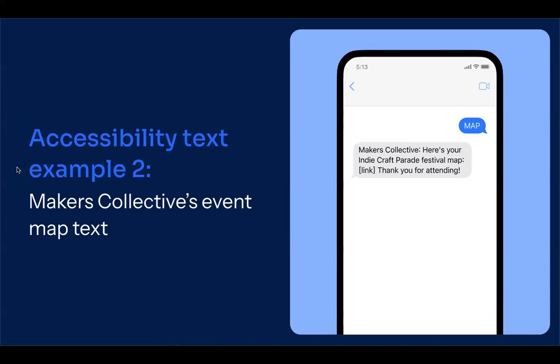One of our recommendations was sending out a text to get a map for the event. So attendees could text in "map" to Makers Collective's number, and then they would get a link to a PDF of that map. And it's so much better than having the paper map, walking around and maybe them throwing them on the ground or in the trash, but they just have it right there on their phone.